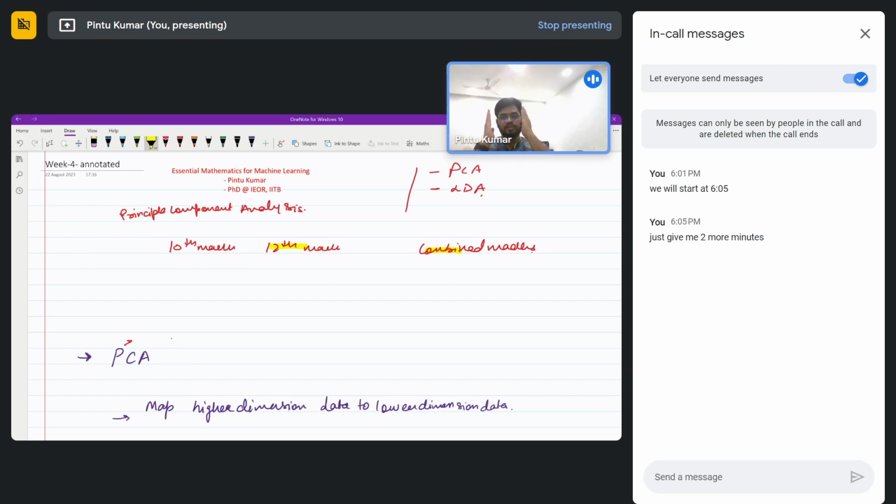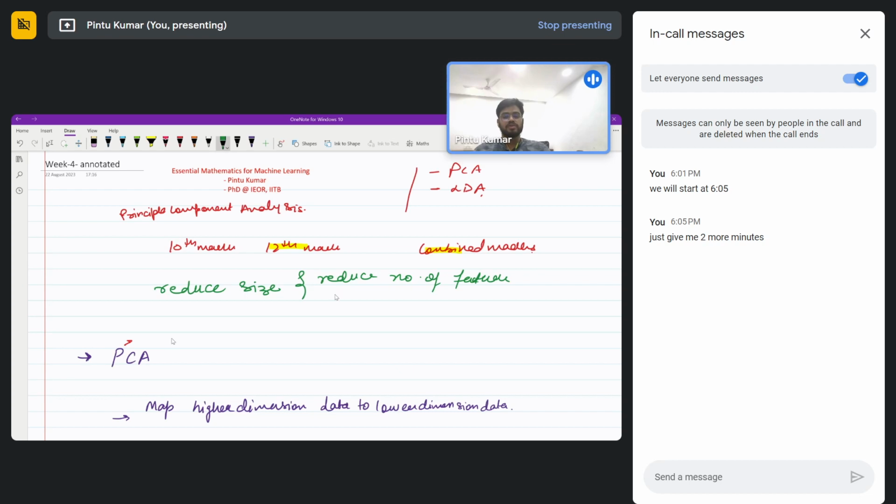Explicitly mentioning that feature is not required, right? So many a times you can reduce the size of your data. By size, I mean you are reducing the number of features, not the number of data points.